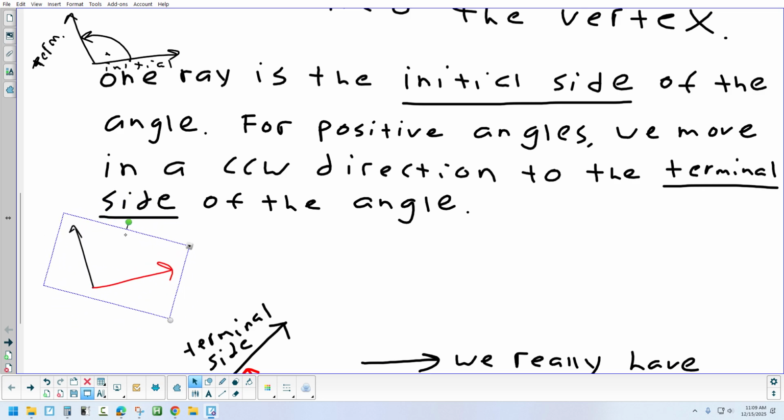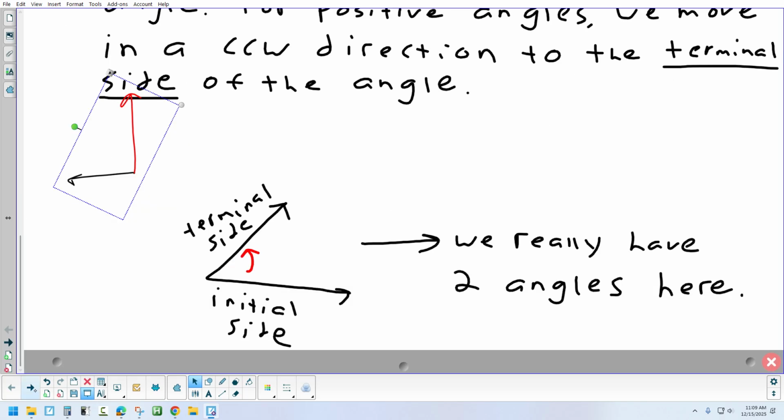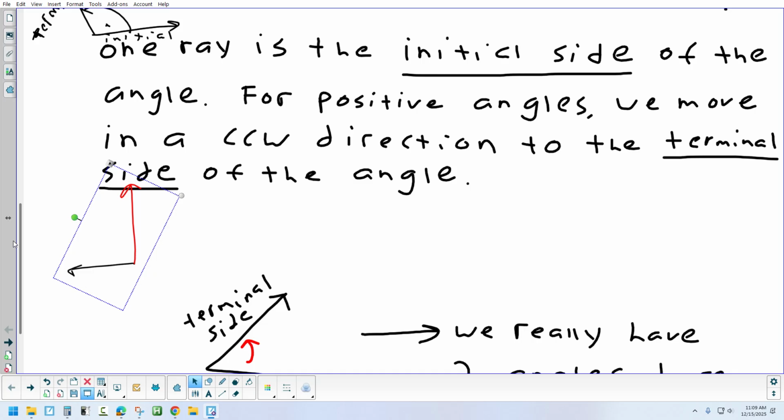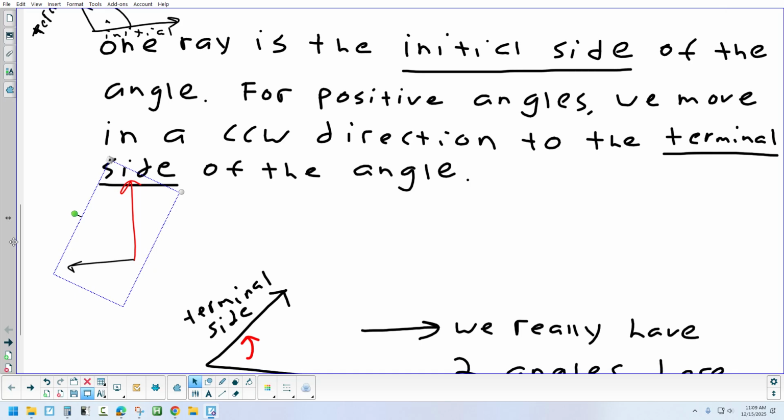The red side is always the initial, and the black side is always the terminal, even if I do it like that. Initial, terminal. So again, that's rotating in a counterclockwise direction, CCW, counterclockwise, to get from the initial to the terminal.